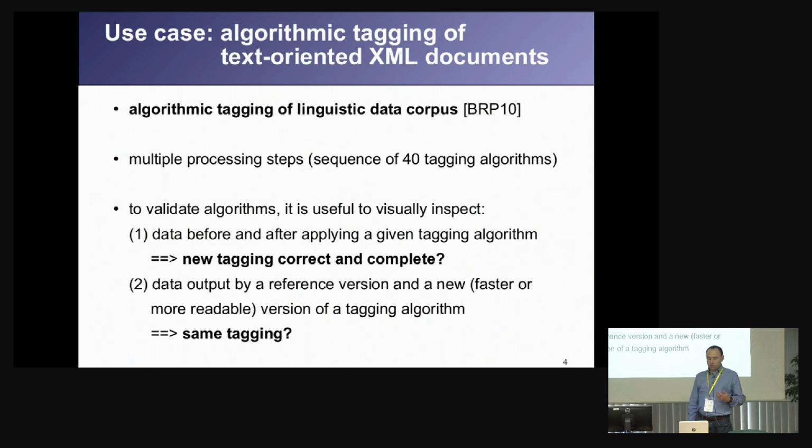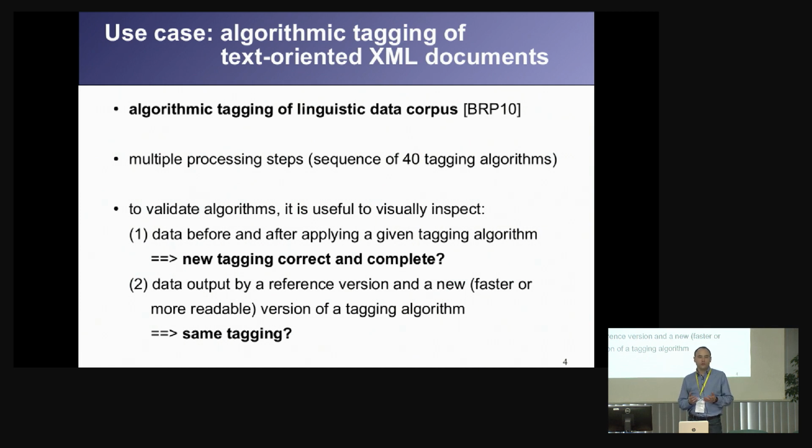Our use case was the algorithmic tagging of a linguistic data corpus, a French dictionary. Multiple processing steps were involved. There's a sequence of 40 tagging algorithms of varying complexity. To validate the algorithms, it's useful to visualize, firstly, data before and after applying a given tagging algorithm.